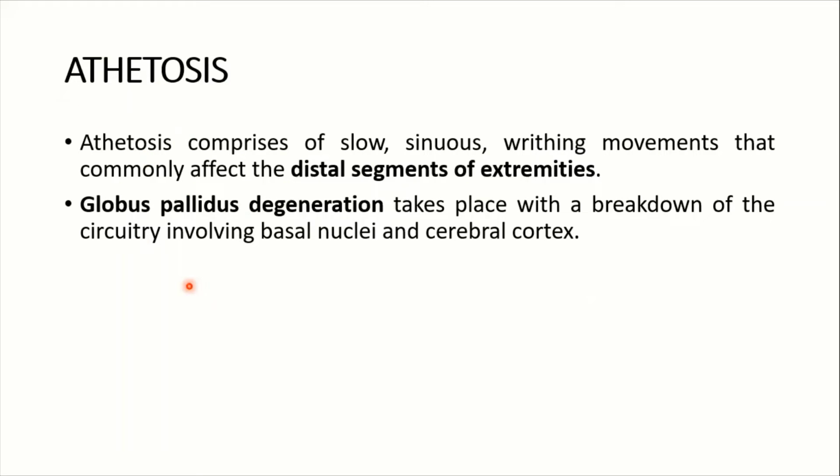Athetosis comprises slow, sinuous, writhing movements that commonly affect the distal segments of the extremities, upper limb and lower limb. Globus pallidus degeneration takes place with the breakdown of circuitry involving basal nuclei and cerebral cortex. This circuitry is discussed in detail in my previous lectures.